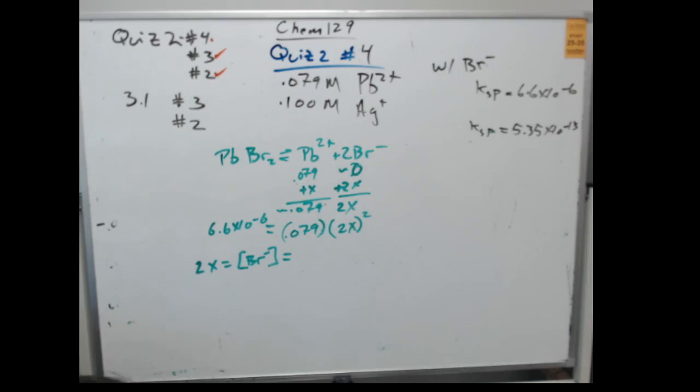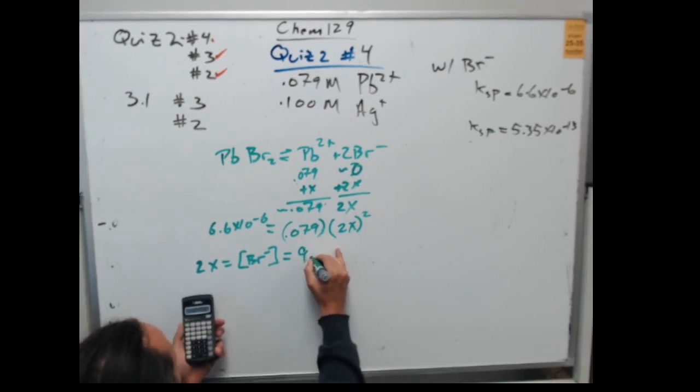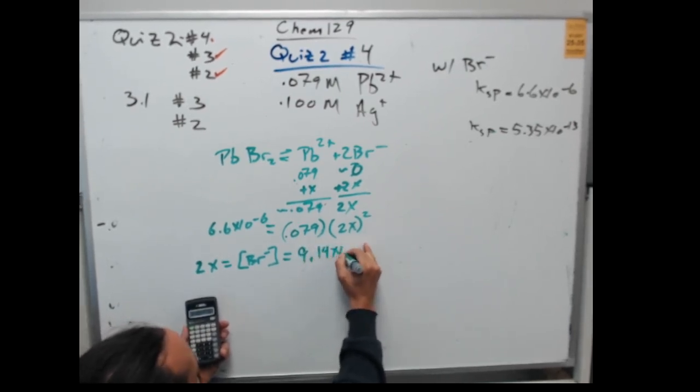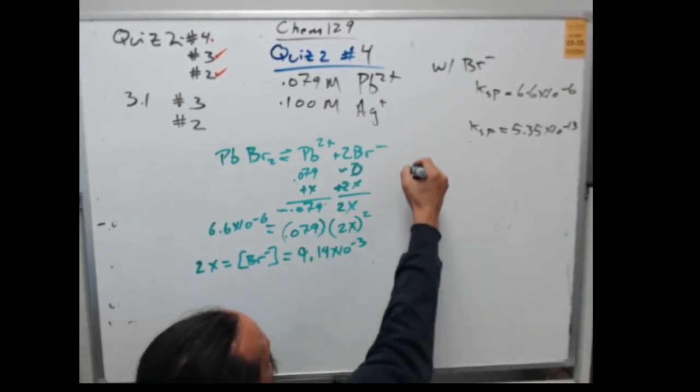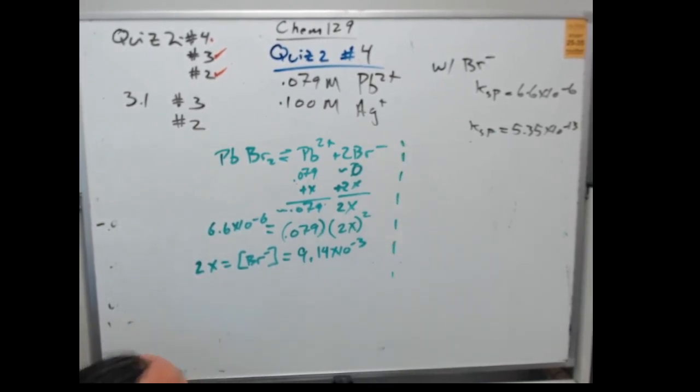Square root: 9.14 times 10^-3. I don't know if this is my first precipitation or second precipitation. I think it's my second, but I'm going to calculate the other one so I can know for sure.